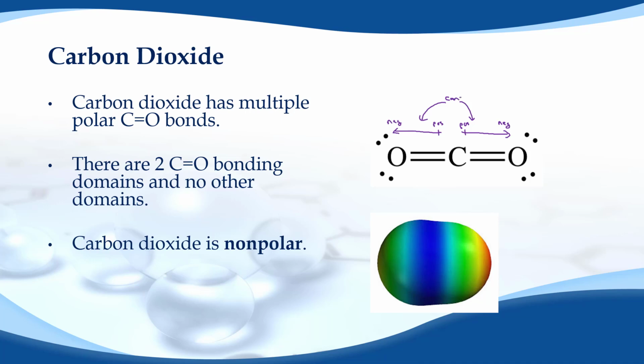So we have negative outside, positive center. In this case, we don't have a plus side and a minus side. We just have the entire outer shell being negative, the entire inner shell being positive. That is nonpolar because there's no distribution in charge like that. So in this case, the 2 polar bonds canceled out because they're the exact same domain, carbon bonded to oxygen. Okay, so that's polarity.